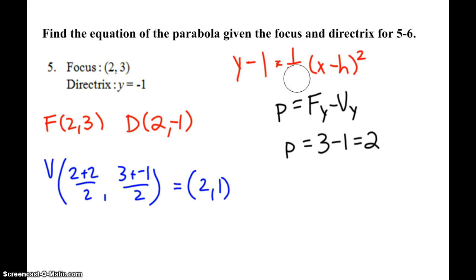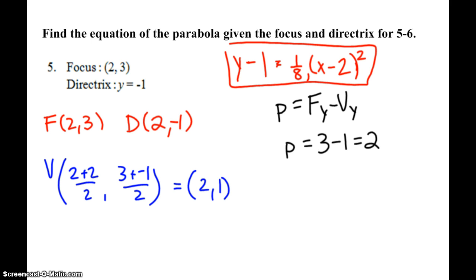Instead of P, so 4 times P, I have a 2. And the H becomes a -2. So we can simplify this farther by making this 1 over 8, because 4 times 2 is 8. So this right here would be your formula. Get rid of that leftover. There we go.